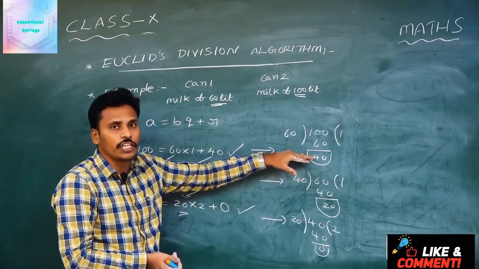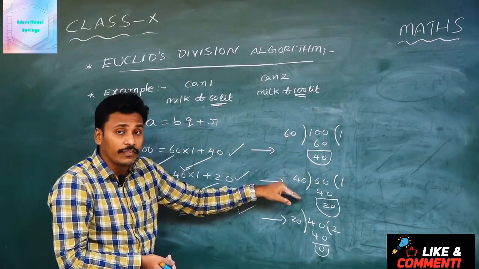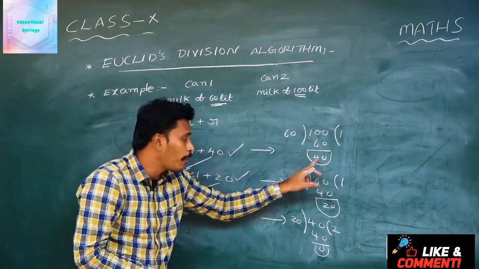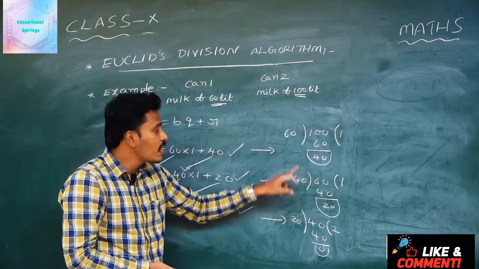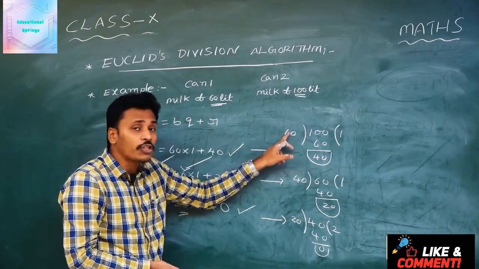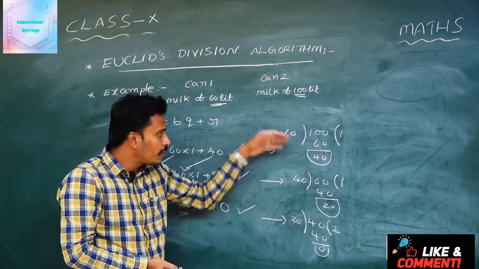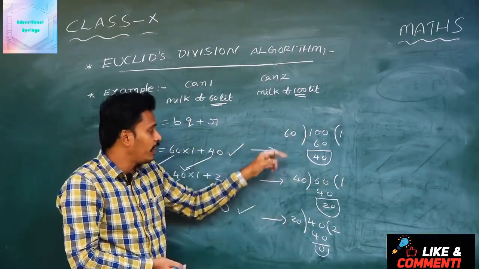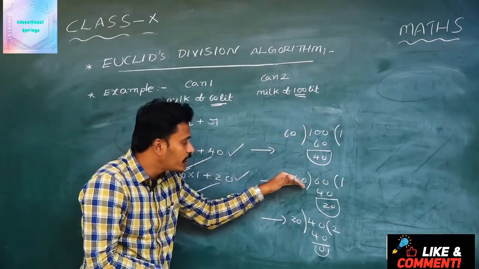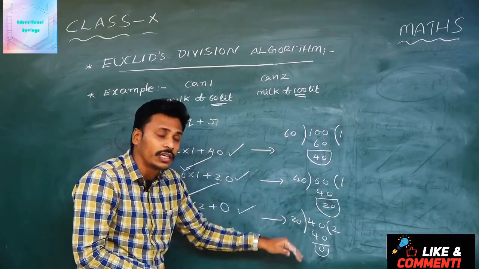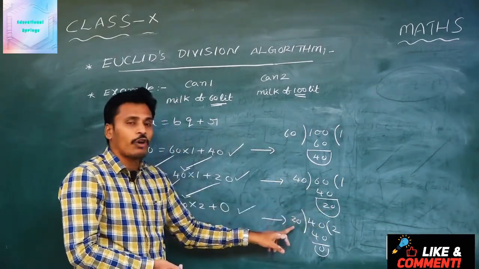The first division is over. And for the second division, what are we doing? For the second division, the remainder becomes the divisor, and the divisor of the first division becomes the dividend. We need to observe how the divisor becomes the dividend and how the remainder becomes the divisor. Going from the second division to the third division, here 20 is the remainder and it becomes the divisor of the third division.